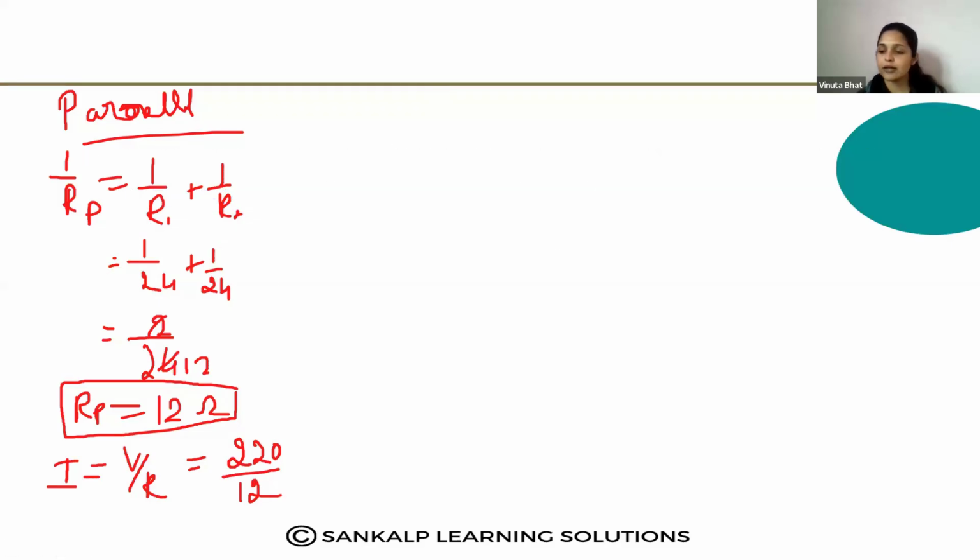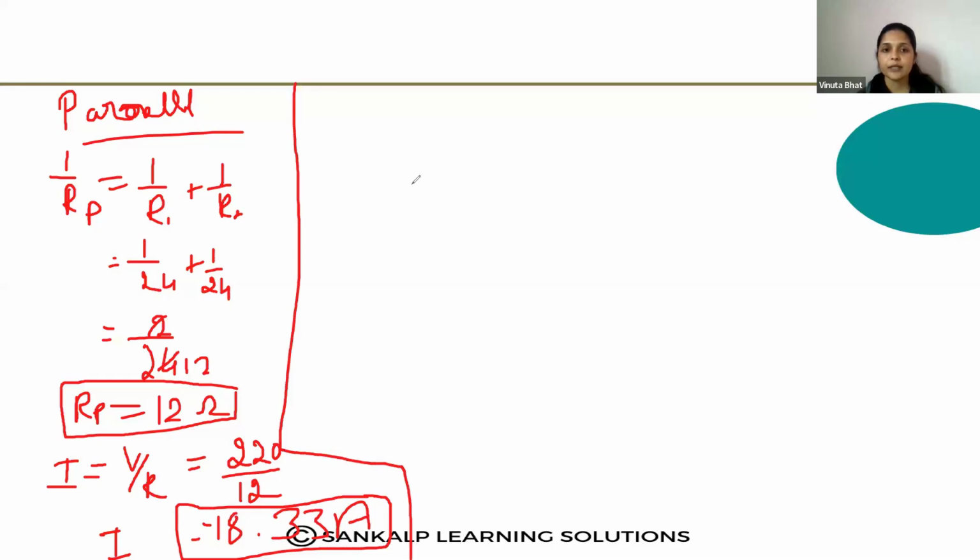Yes, 220 divided by 12, that is 18.33 ampere. So that is the value of I, the current flow, when they are connected in parallel.